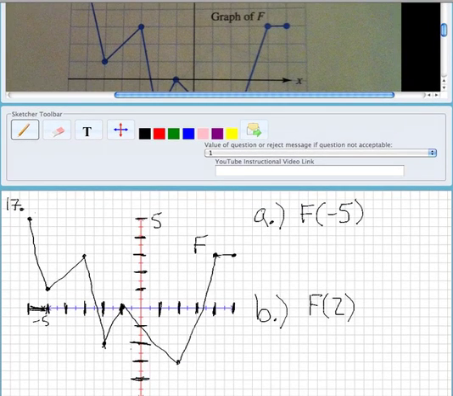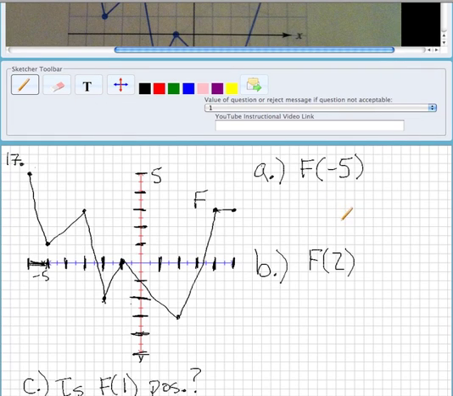So we're looking at this function f and its graph. If we look at the first part, A, it says find f of -5. So what that means is where x is -5, what is the y value going to be? When we say f of x, what does that equal?